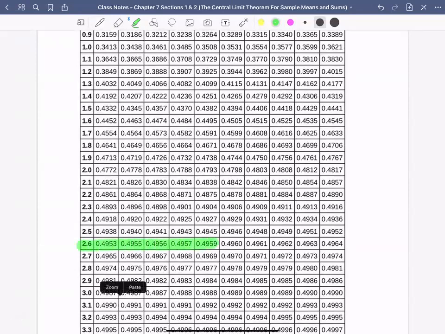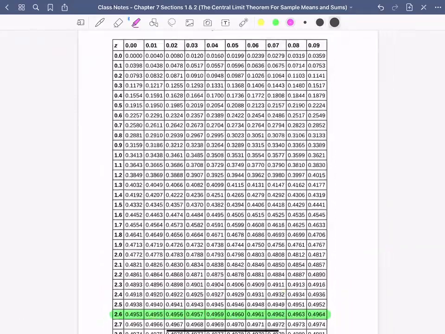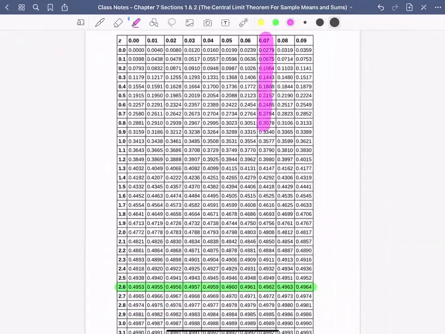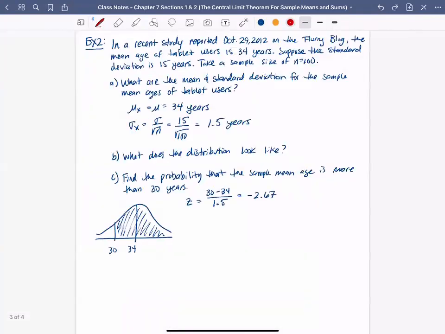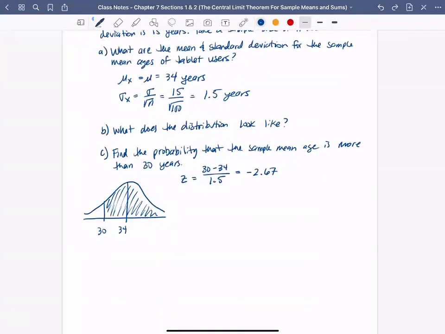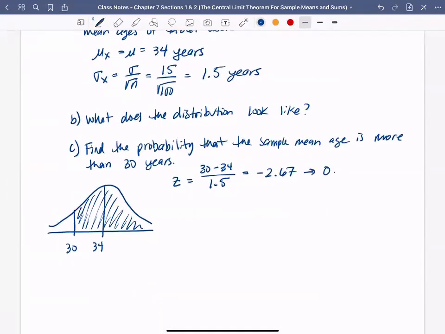So 2.6, and then 7. So go up to 0.7 right here. So here is our data point right there: 0.4962.